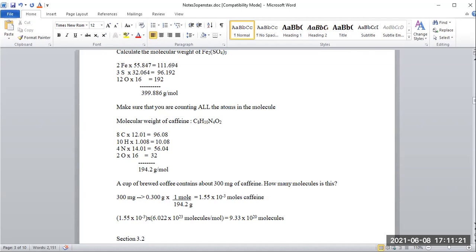And then I did my additional step of multiplying my moles times Avogadro's number, 6.022 times 10 to the 23rd. So a cup of coffee gives you about 9.33 times 10 to the 20th molecules of caffeine, roughly 1 molecule for every cell in your body.